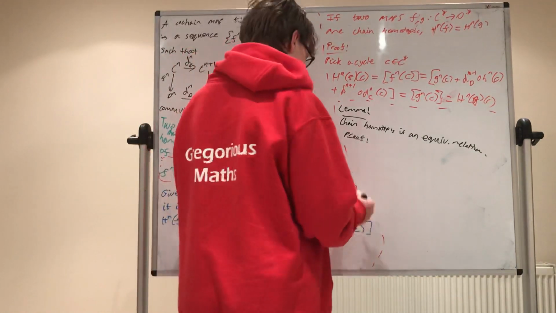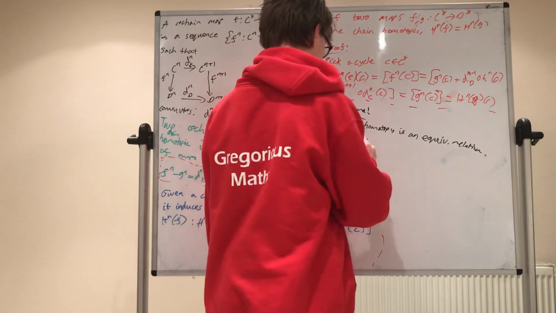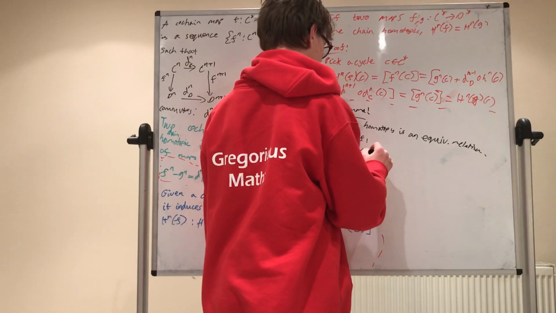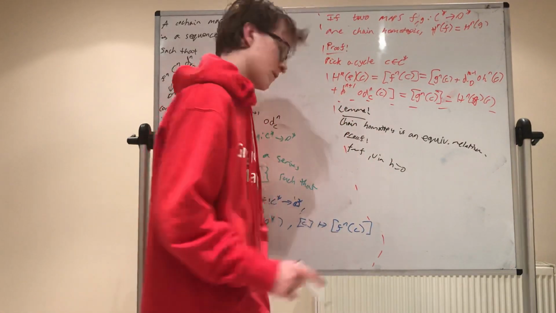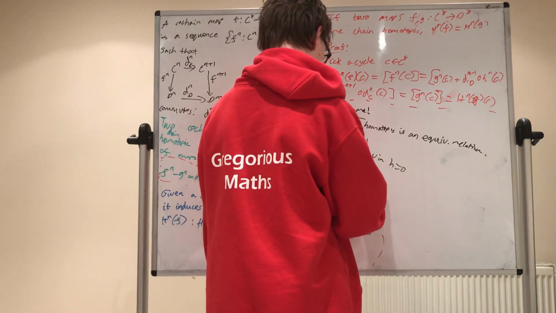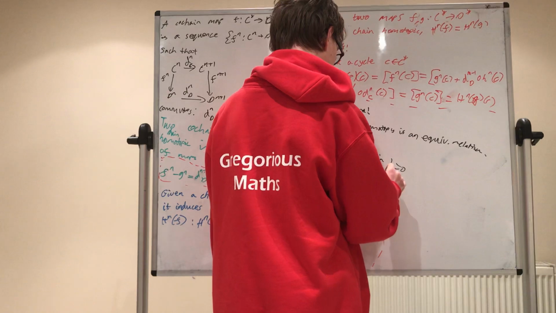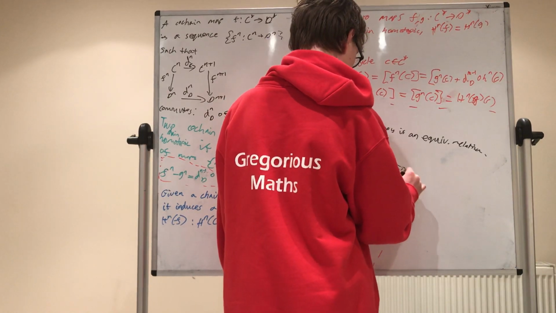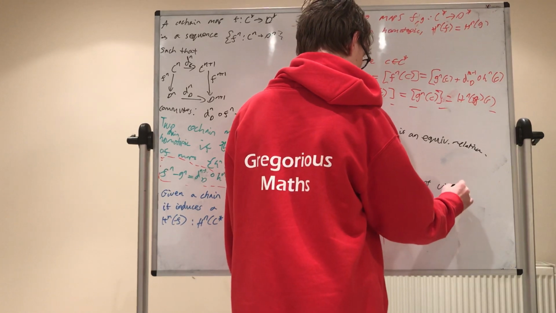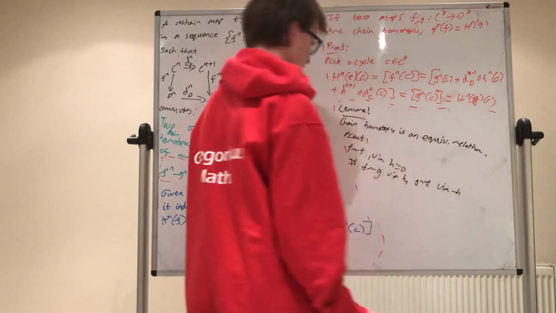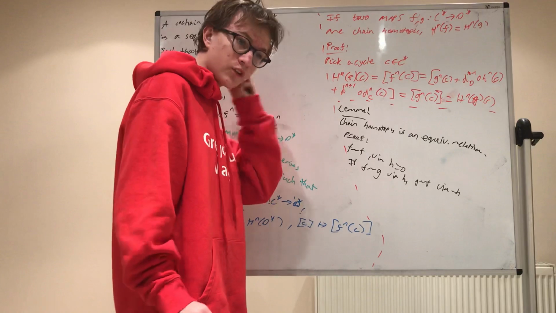Well, reflexivity and symmetry follow easily. F is chain homotopic to itself via H equals 0. If F is chain homotopic to G via H, G is chain homotopic to F via negative H. The only difficult part is transitivity.